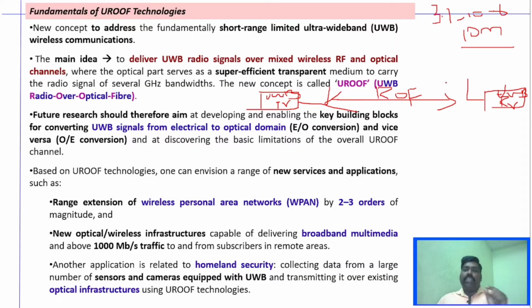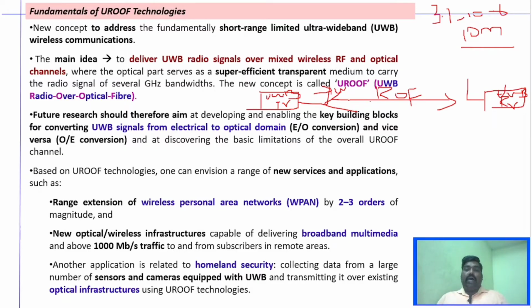And coming to this explanation, as I said, in UROOF technology we're going to extend the range of UWB using ROF technology, right? So you'll have a UWB transmitter which transmits the UWB signal, and this UWB signal is converted to an optical signal before it is received by the UWB receiver.